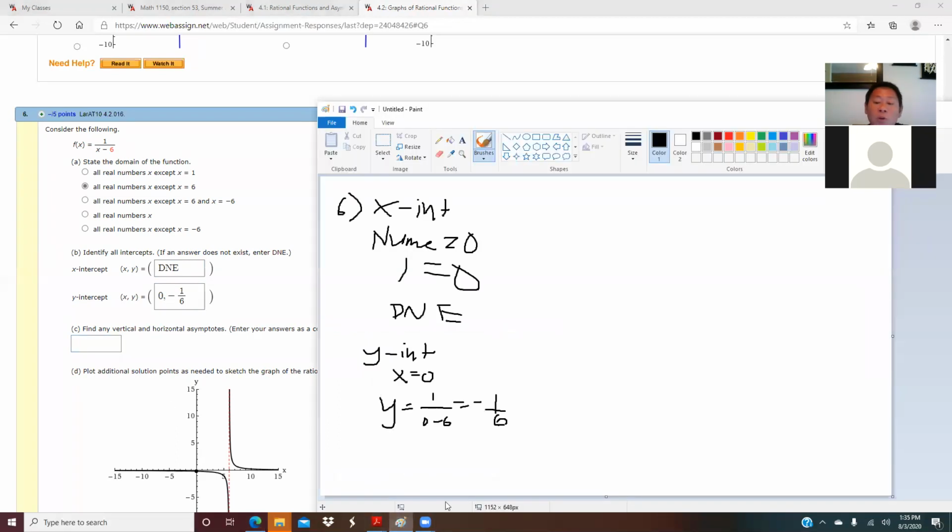Now you find the asymptotes. So how do you find your vertical asymptote? Does anyone remember how you find your vertical asymptote?